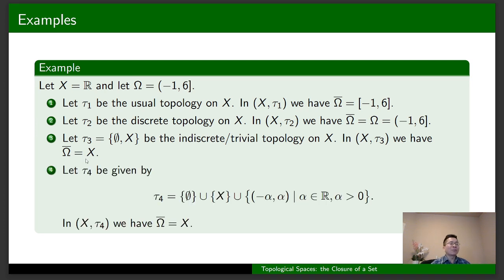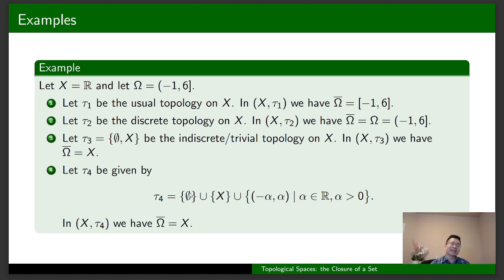Finally, in this example, let tau 4 be this collection of subsets of R. It consists of the empty set, X, and all symmetric open intervals of this form. Again, in order to find the closure of omega, it is important to know the structures of closed sets in this topological space.